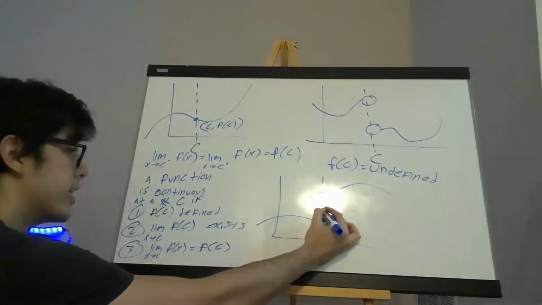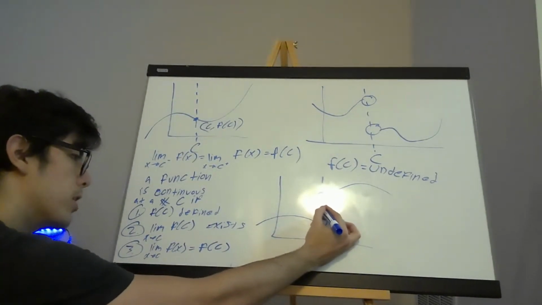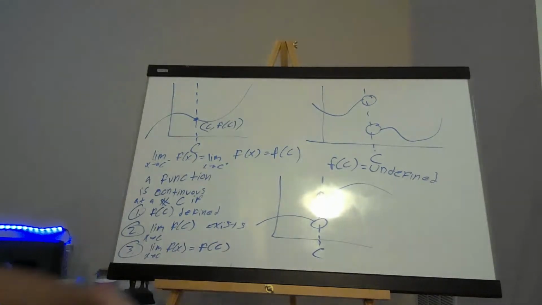But here is where it does affect the continuity. If we have a dot in between those 2 points, then f of c is defined at that point, so this function is considered continuous.